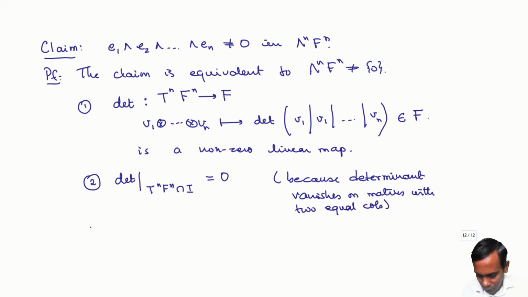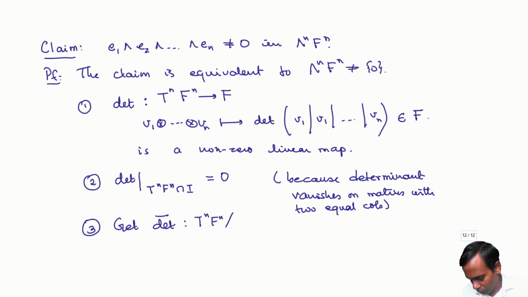So then what we know is that determinant induces determinant bar from T^n mod T^n intersect I to F, and this is non-zero.